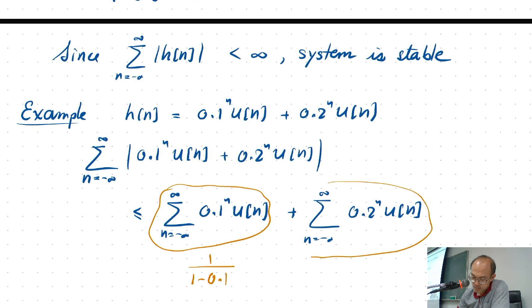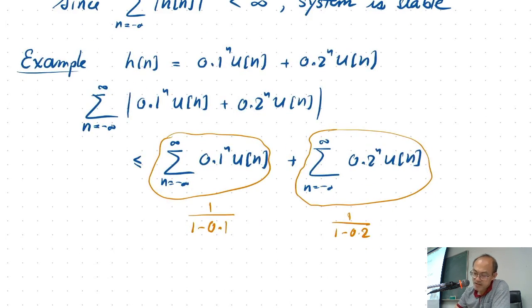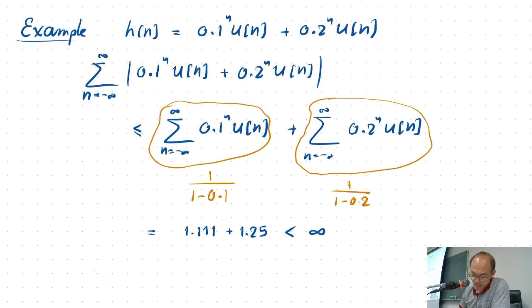And the right term is 1 over 1 minus 0.2. So you see both of them are finite. The first one is, I think, 1.11 something. Then the second one is 1.25. If you add them up, you see that the result is definitely finite. So this system is stable.